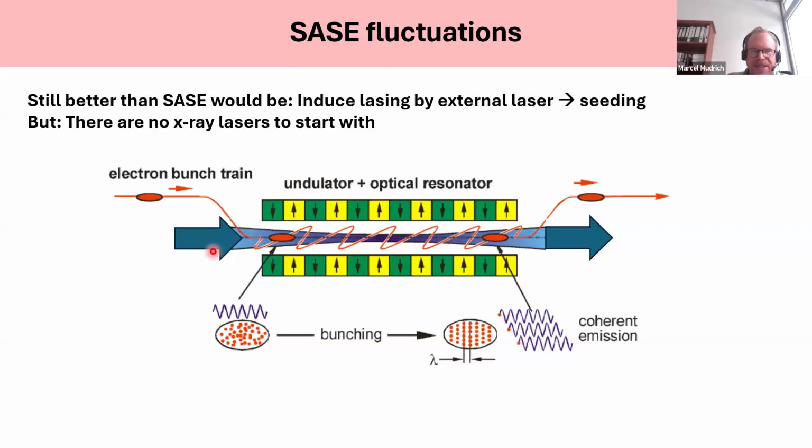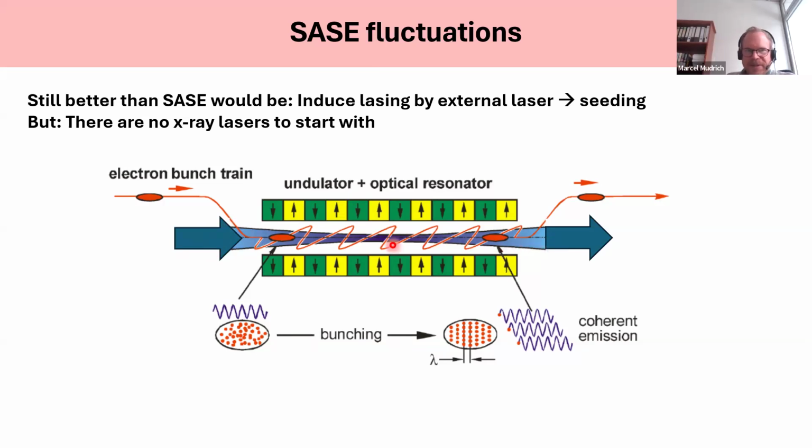So how about, instead of having the lasing start just out of the noise, we could possibly inject a well-controlled laser pulse from outside, an external pulse injected into the gain medium, into the undulator, and then start the XFEL lasing process not out of the noise, but by imprinting the spectral and temporal properties of this external pulse.